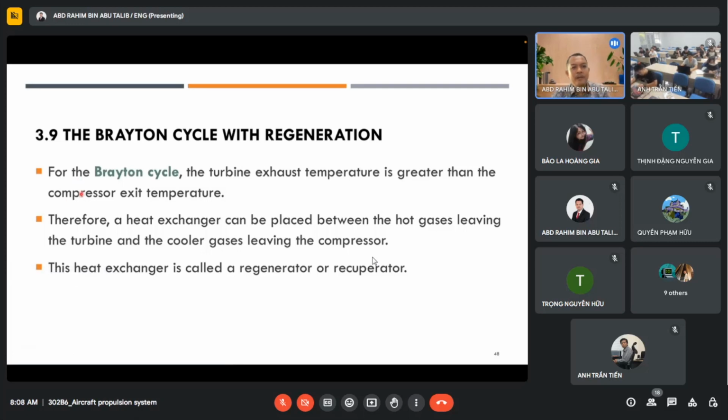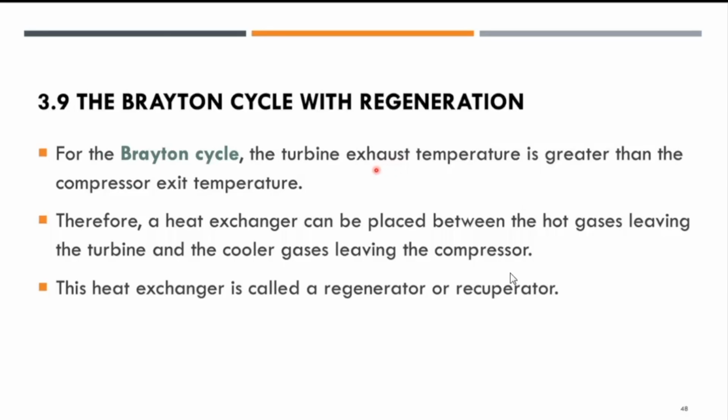Okay, for the Brayton cycle, the turbine exhaust temperature is normally greater than the compressor exit temperature. Even though the temperature rises when air is being compressed, it is not sufficient to have heat addition where it happens in the combustion chamber, where the combustion process increases the temperature of the air before it goes into the turbine.